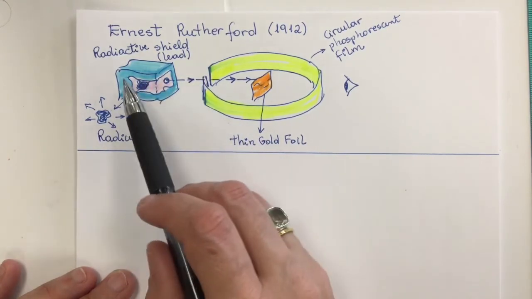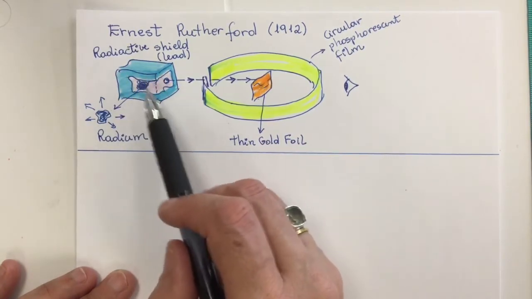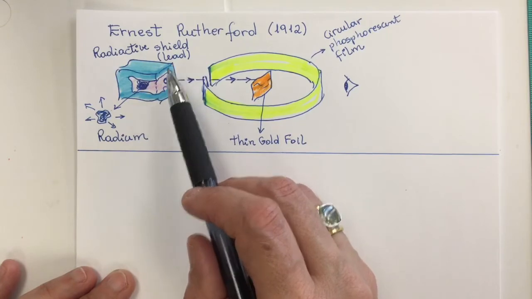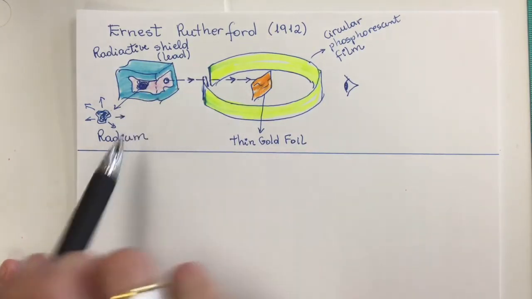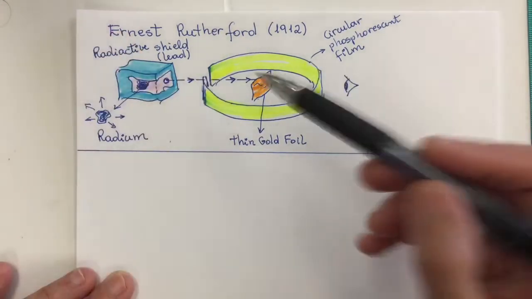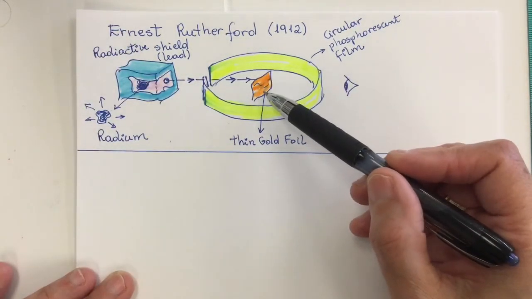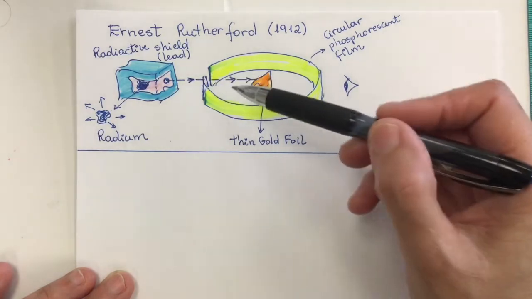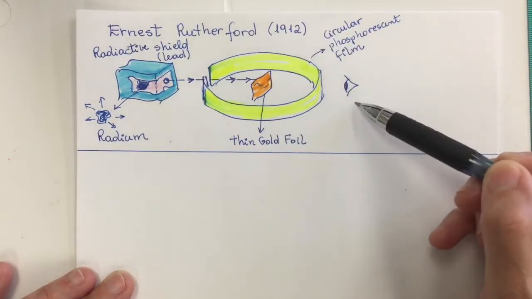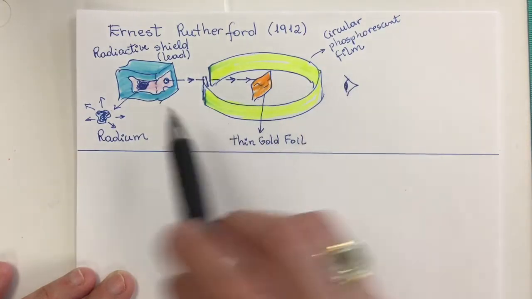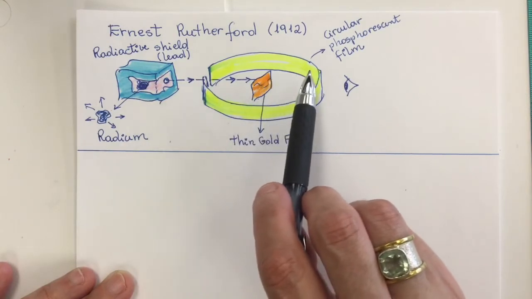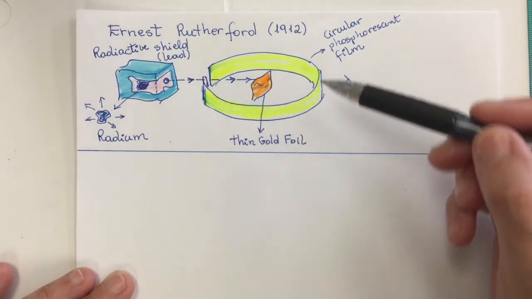possibly made of lead, and he faced this hole to a very thin gold foil. Then he set up a circular phosphorescent film to observe if the positive radium ray would pass through the gold foil or if it would deflect.